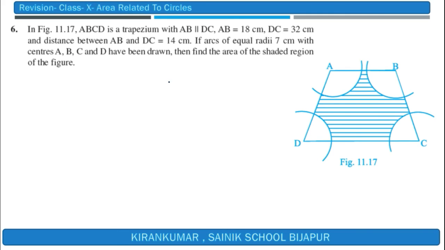Here for simplification, I'd consider the angles to be theta 1, theta 2, theta 3 and theta 4. And these radii are equal to 7 cm.